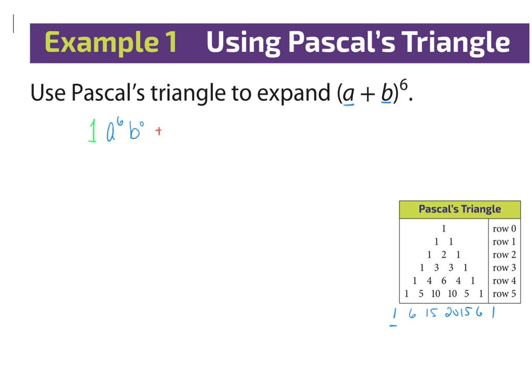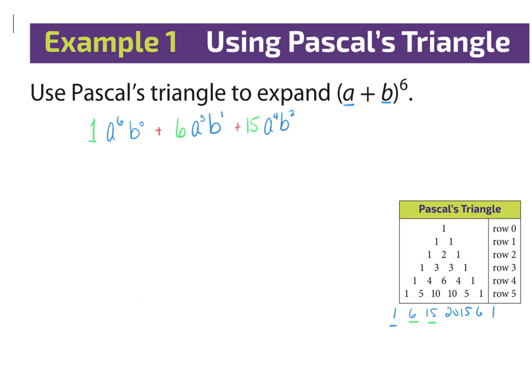The next term, my A is going to go down by 1, and my B is going to go up by 1. And I am going to grab that coefficient from Pascal's triangle. Everybody see what we're doing here? All right. And then I'm going to go to my next term. And we're going to do this all the way down. My first is going to go down. My second is going to go up. My coefficient is going to come from Pascal's triangle.